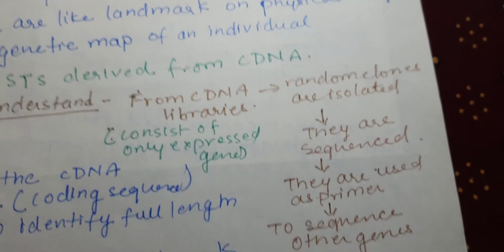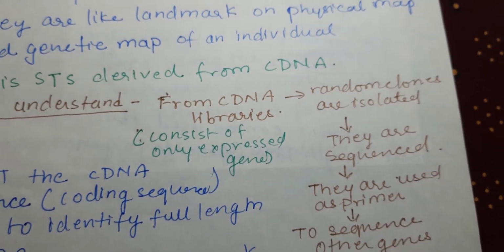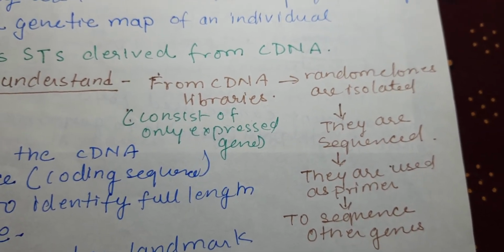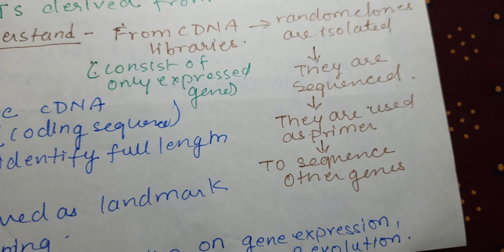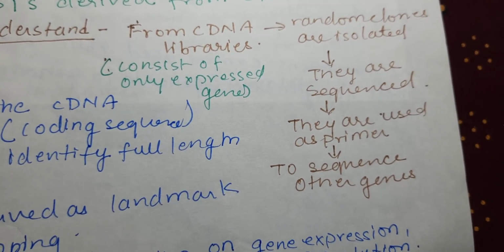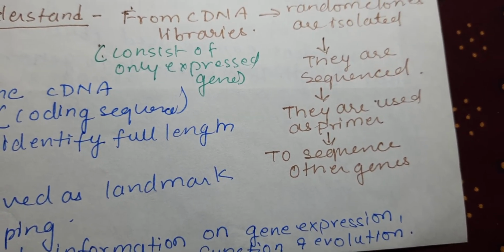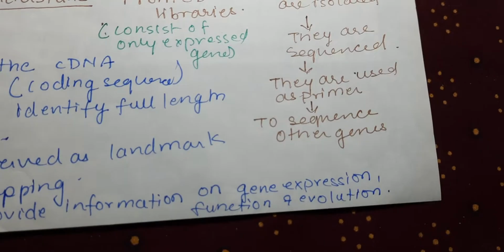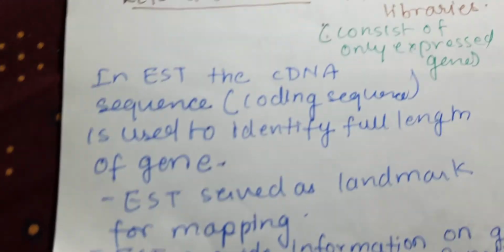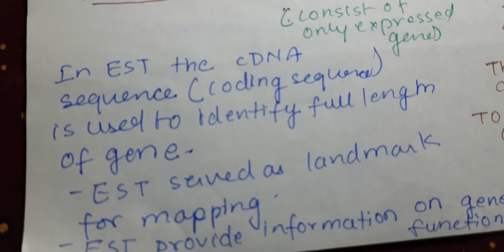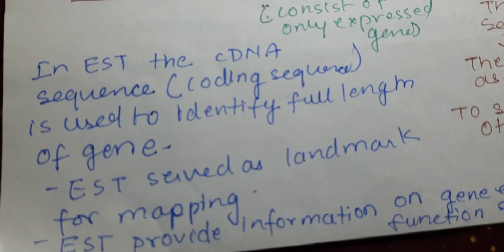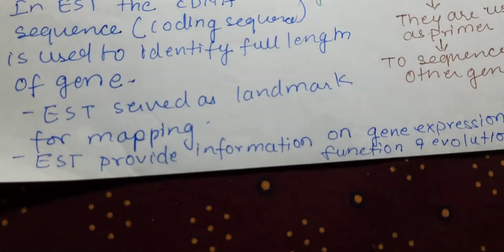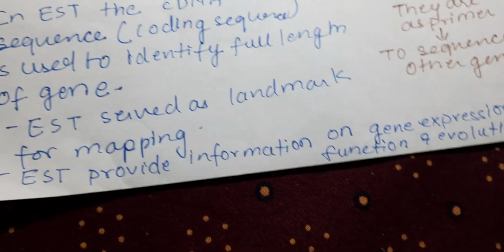From the clones you select them, and then you do the sequencing of these cDNAs. Once the sequencing is done, you can use them as primers and amplify the nearby genes. So in EST, the cDNA sequence is used to identify the full length of the gene, and EST serves as a landmark for mapping.